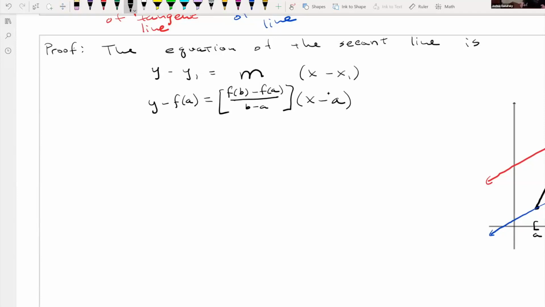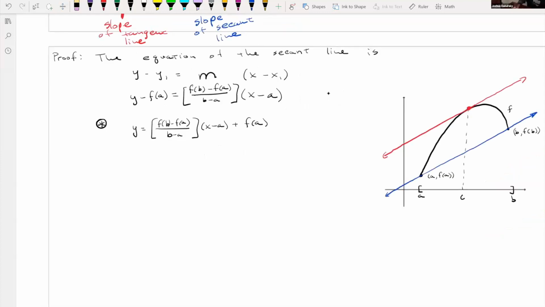That's all it is. And I'm going to rewrite it this way. I'm going to add f of A to get f of B minus f of A all over B minus A, x minus A, plus f of A, like that. And I'm going to put a little star next to this because we're going to need it later on.